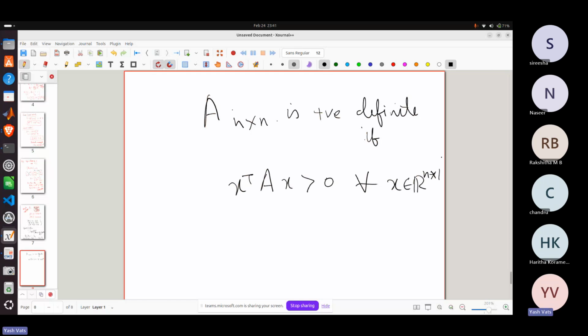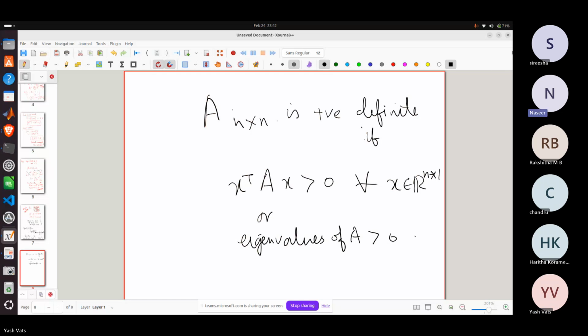That's the easy definition. Or you say that the eigenvalues of A are strictly greater than 0. Is that clear?